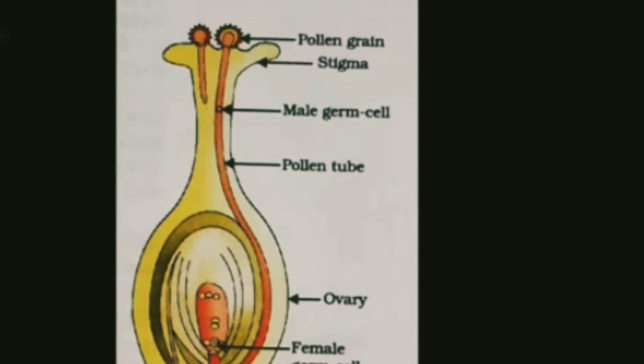This is how the further generation goes on. That means the fruit is almost the edible part. We human beings and animals will consume the fruit, and the seed, very important, helps in replication of the plants by sexual mode of reproduction.